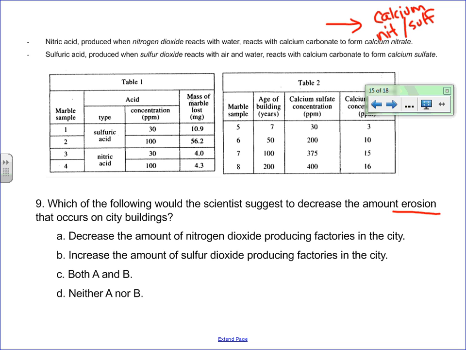Well, we know the acid is what's going to cause that to form. And the acid is formed by the two oxides, and factories make the oxides. This is a long chain of events. So if you want this to go down, you need this to go down, which means you need this to go down, which means you need that to be gone. Which means A.